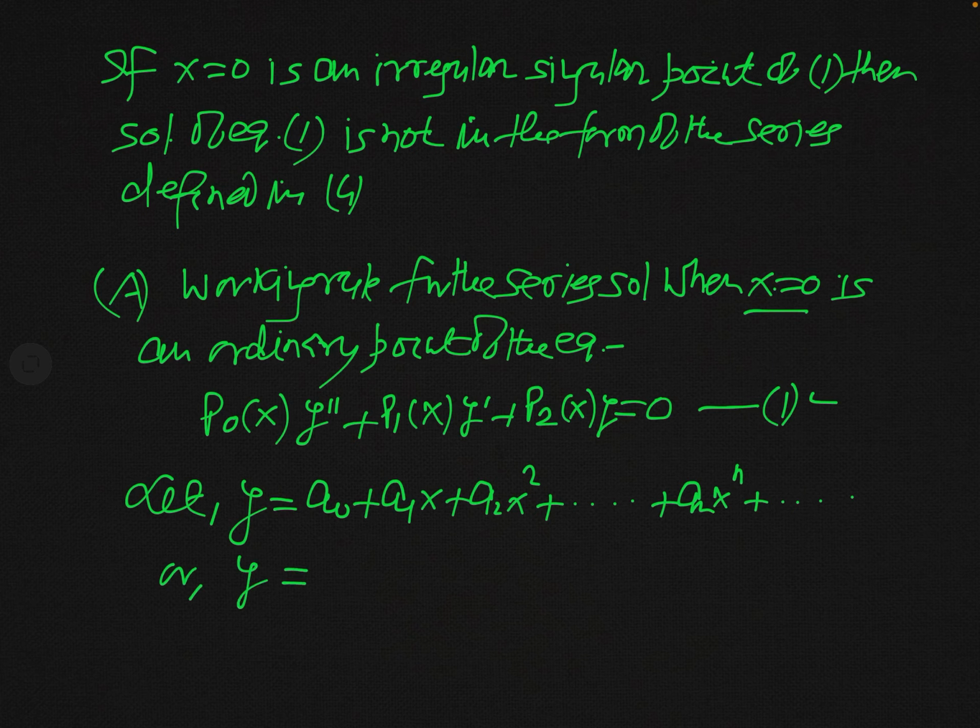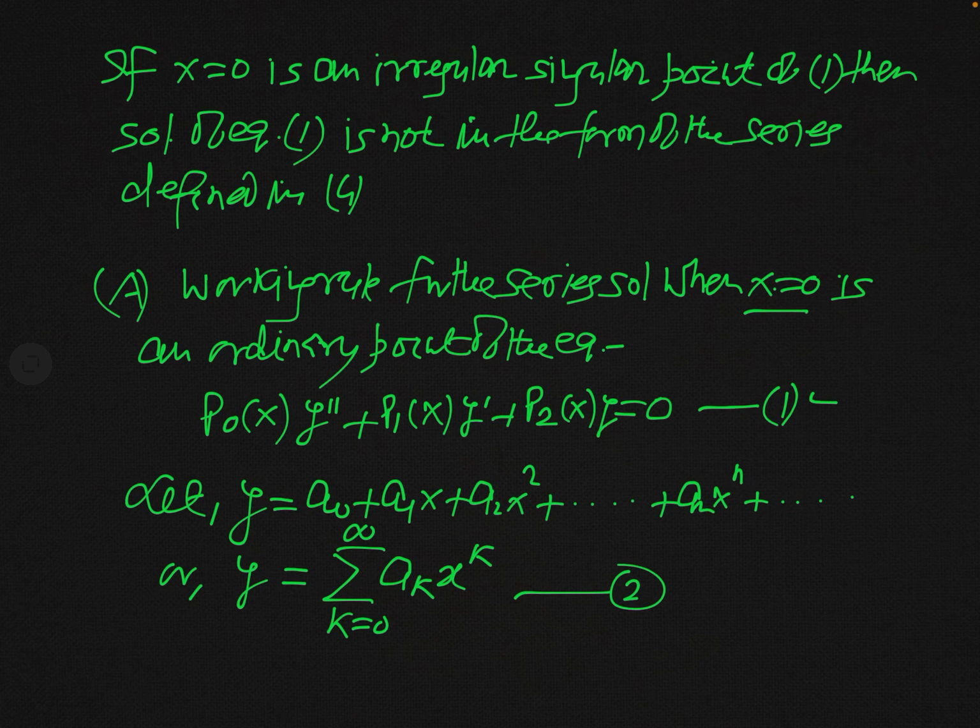Equivalently you may also write this series using summation: y equal to summation ak x to the power k, where k is from 0 to infinity. So this is the solution of this equation defined in equation 1.